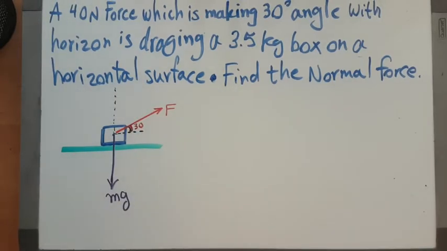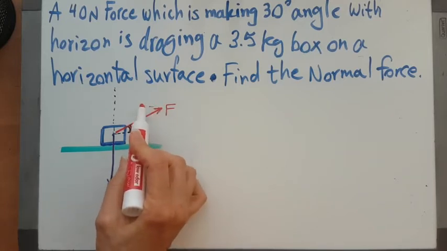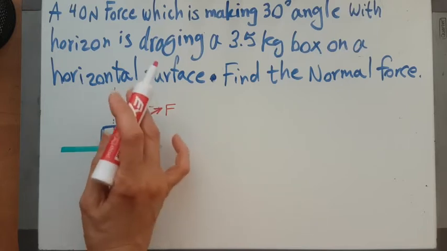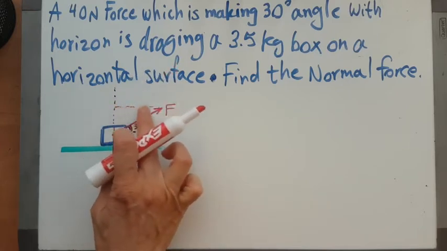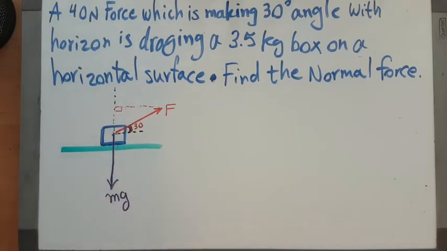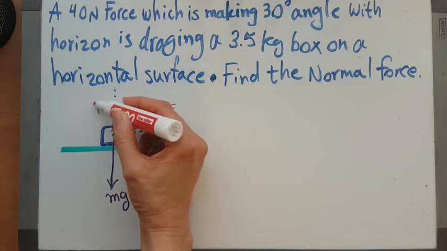If this is the y axis, I draw perpendicular to here. Of course, it should be dotted, and this is the Fy.